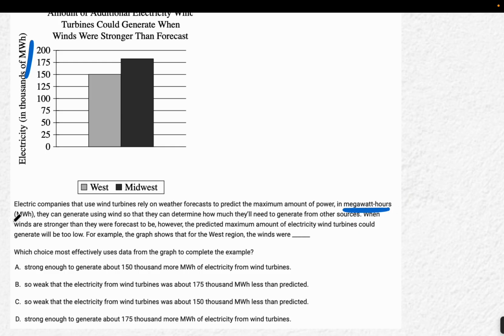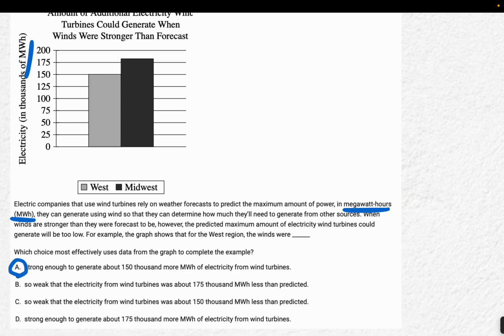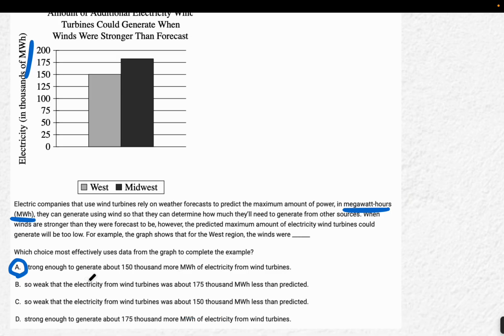It gives us the meaning of it. Okay, so we can see that A is the correct answer, which says strong enough to generate 150,000 more megawatts of electricity than from wind turbines.